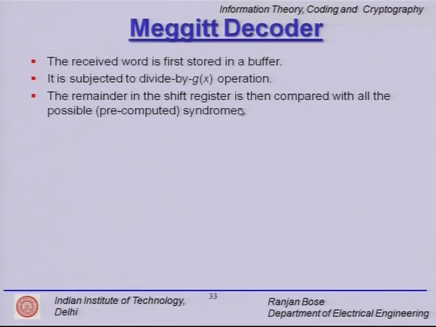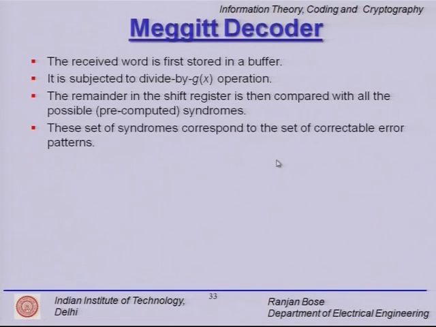If it is all zeros, then you have correctly decoded, and it means that no error had happened. But if it is non-zero, then you have to compare. Once again, comparison in hardware is extremely easy. So, you have got very fast comparators available. So, this is again very easy and efficient to do in hardware.